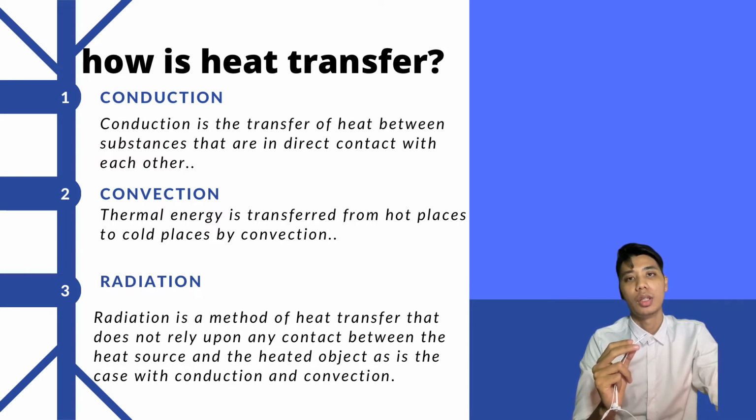Okay, next one. Thermal energy is transferred from a hot place to a cold place by convection. Convection occurs when warmer areas of a liquid or gas rise to cooler areas in the liquid or gas. Cooler liquid or gas then takes the place of the warmer area which has risen higher.